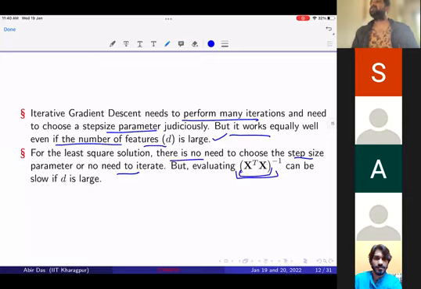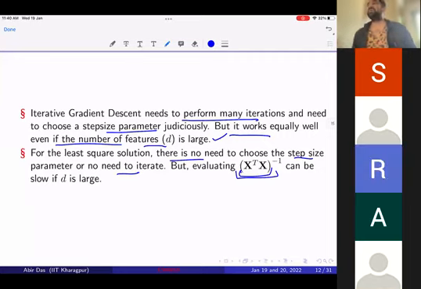Yes. In the multivariate linear regression case, or any linear model rather, you can always try to find an analytical solution. The question is how easy it is to find that analytical solution, and how computationally efficient it is. For multivariate linear regression, they work equally well. For smaller D, going for the analytical solution is probably easier. But for larger D, gradient descent is always an option to resort to.